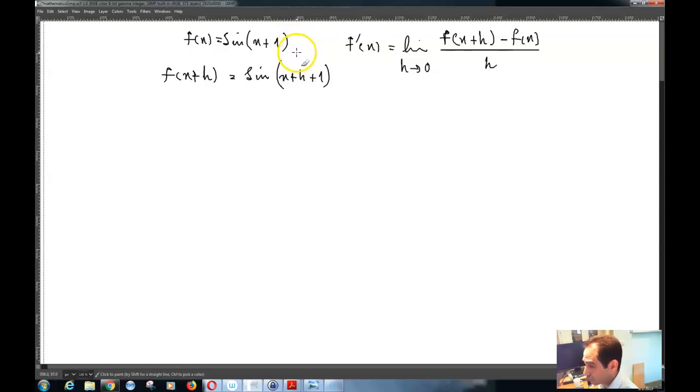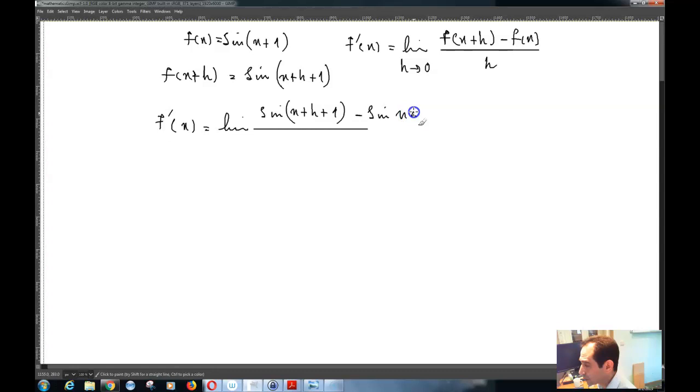So f prime of x is equal to the limit of f of x plus h, which is sine of x plus h plus 1, minus f of x, which is sine of x plus 1, over h as h tends to 0.